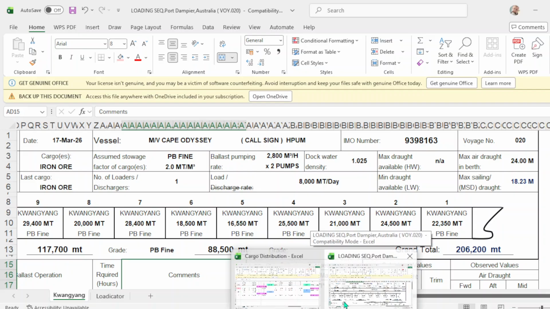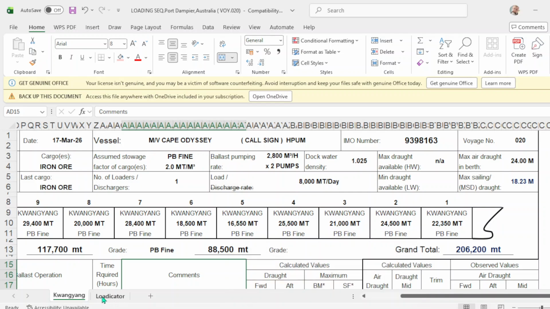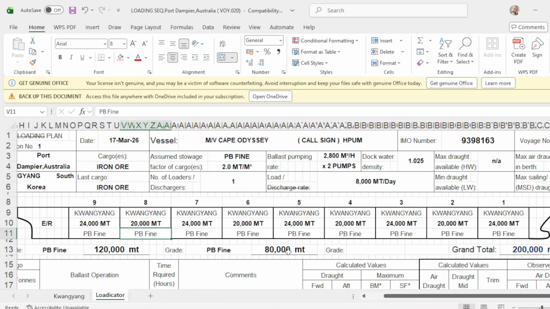Meaning from hold number 5, you take out some cargo here, put it to number 1, put it to number 9.